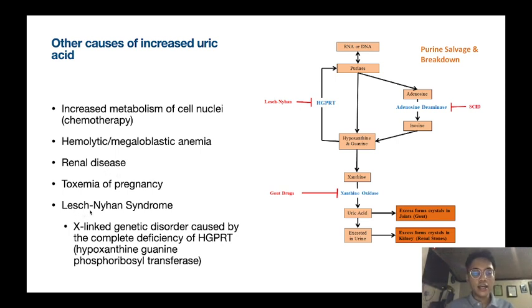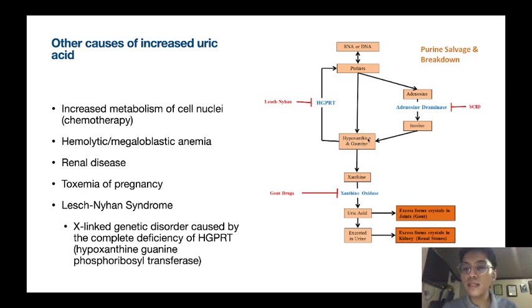And then next, Lesch-Nyhan syndrome. So, paano siya maka-increase ng uric acid? So, let's go to this pathway again. So, ito, nakikita nyo itong HGPRT. So, di ba from purines, this will be broken down to hypoxanthine and guanine.